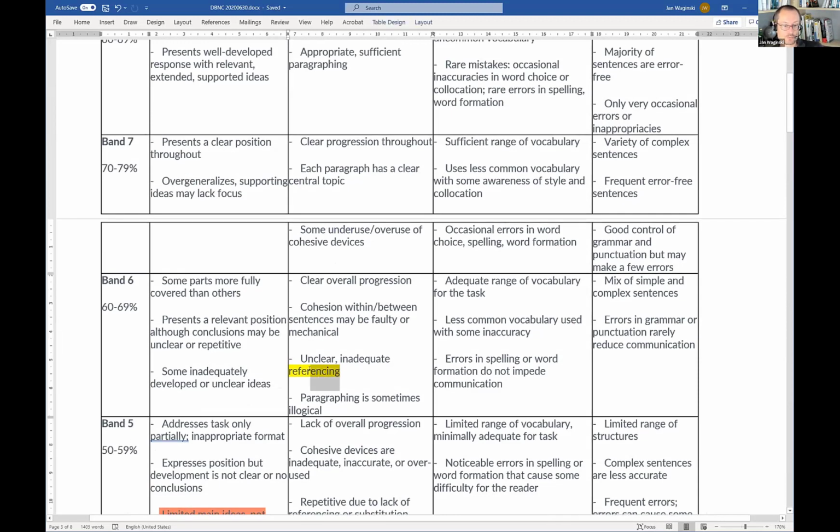If you make a mistake once, let's say you talk about people plural at the beginning of your paragraph, and then you switch to saying he or she, and the reader doesn't know what he or she refers back to because you were talking about people in the plural earlier. You're going to get a 6. So you definitely need to watch out for referencing. Anytime you use words like they, them, he, she, it, make sure it's clear what they refer back to.